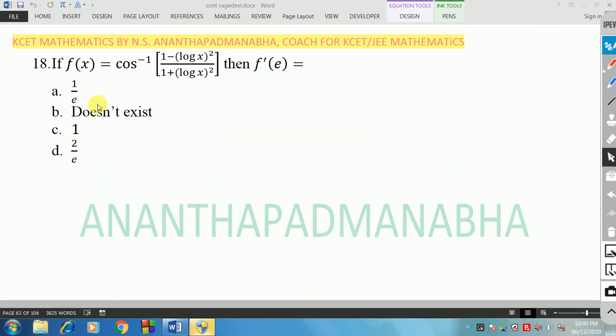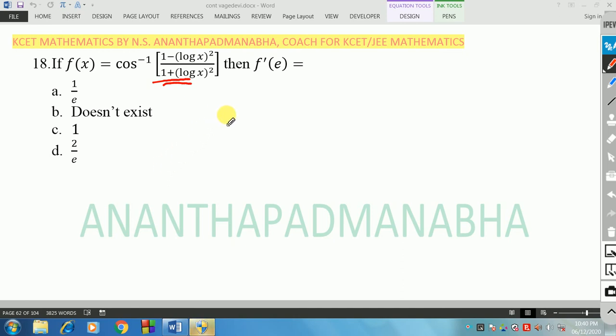Next question is: if f of x is equal to cos inverse of (1 minus log x whole square) by (1 plus log x whole square), then f dash of e is, that is we have to find the derivative of f of x at the point e. Option A is 1 by e and option B says it doesn't exist. Option C is 1 and option D says it is 2 by e.